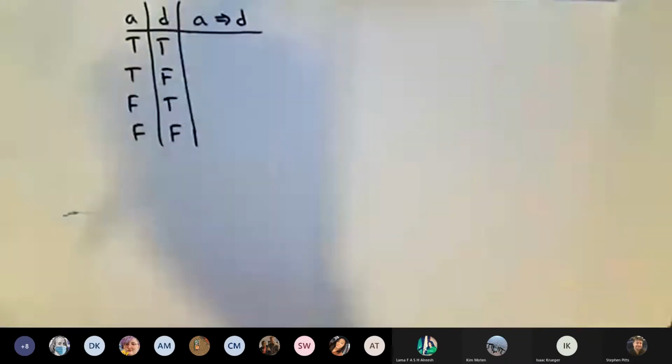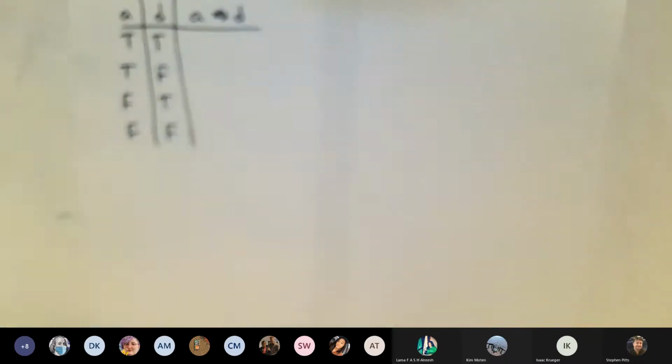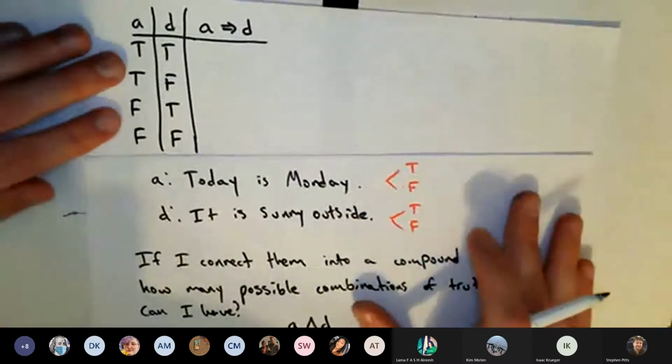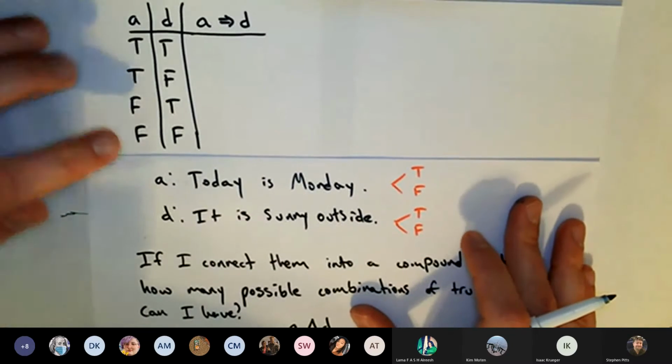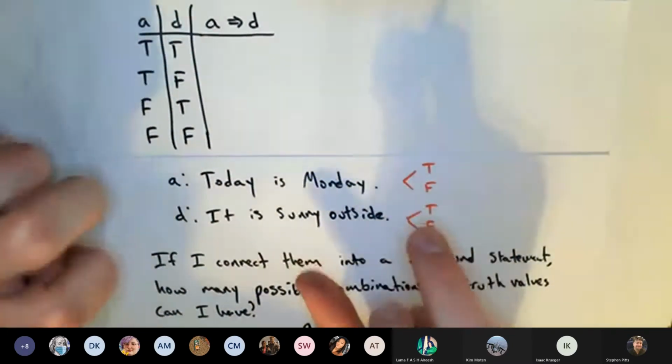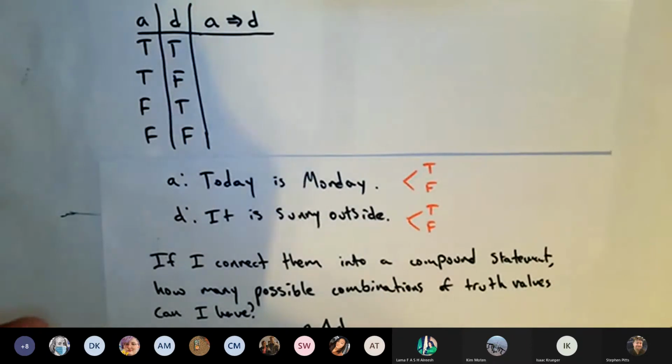Let me get the paper for reference here. Okay. I'm going to read these as if-then instead of implies, because we're probably all more comfortable thinking about it as if-then.